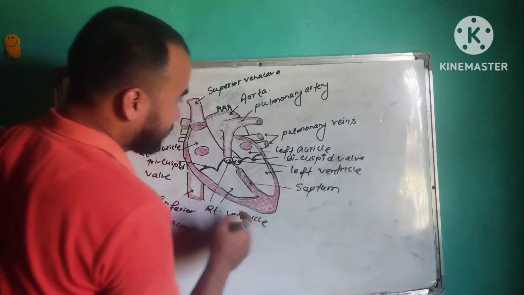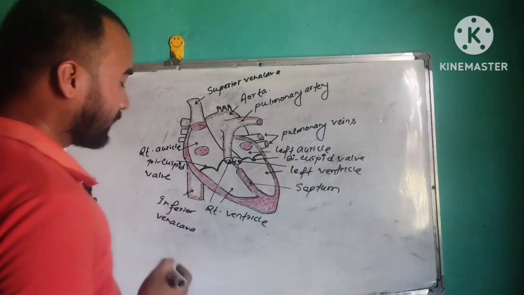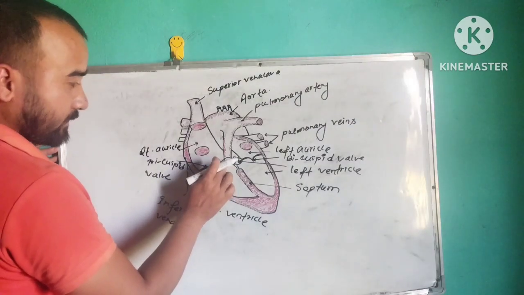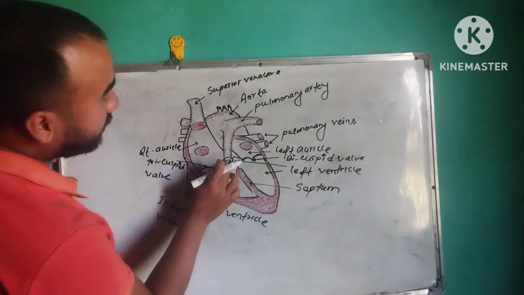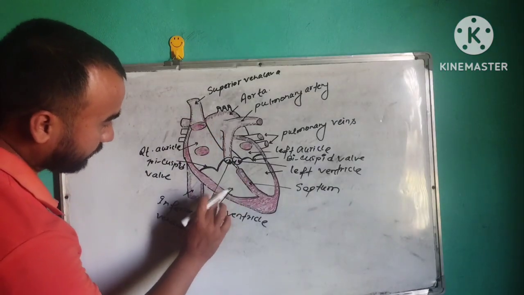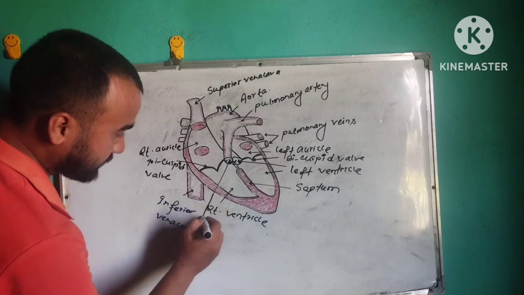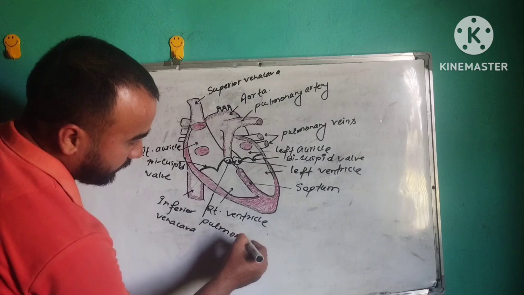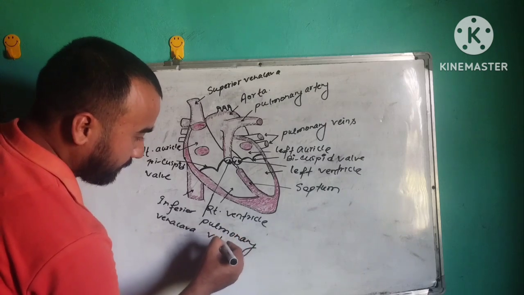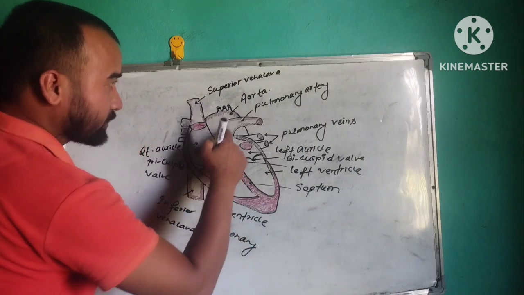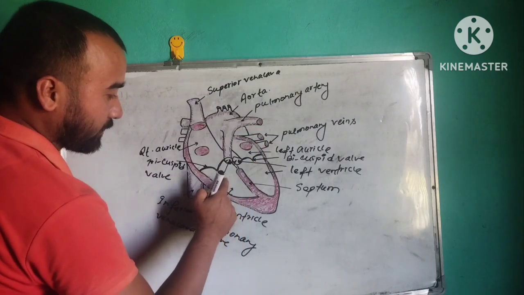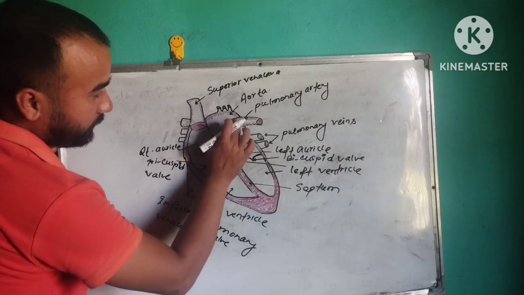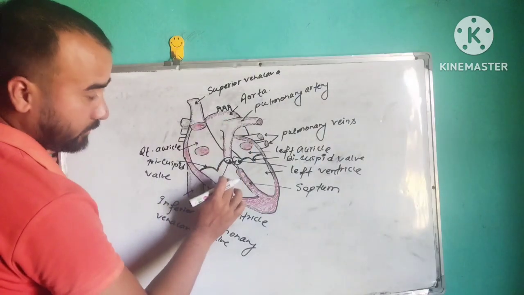And here is another valve, the pulmonary valve. This structure is the pulmonary valve, this one is the pulmonary artery, and this one is the right ventricle. The pulmonary valve lies in between the pulmonary artery and the right ventricle.